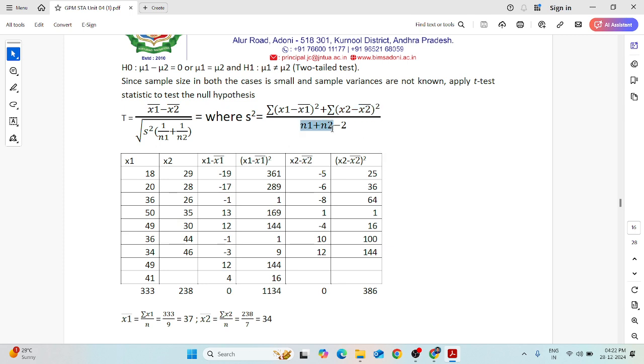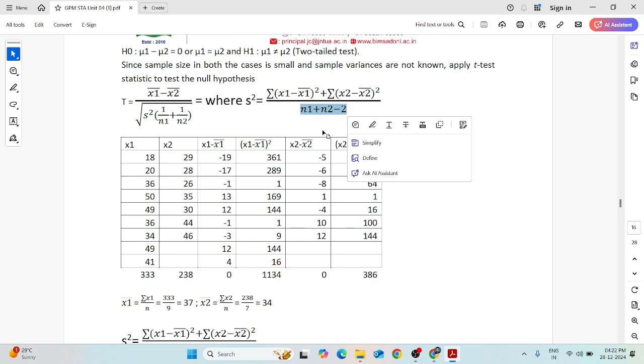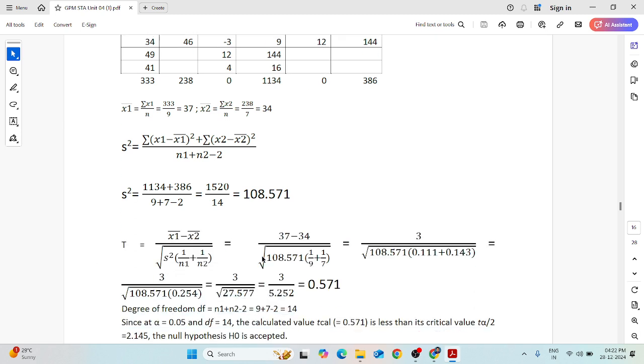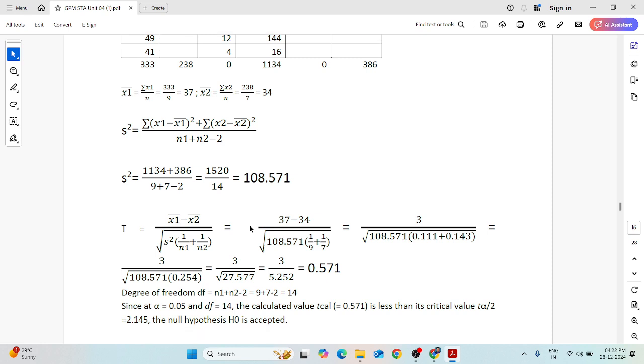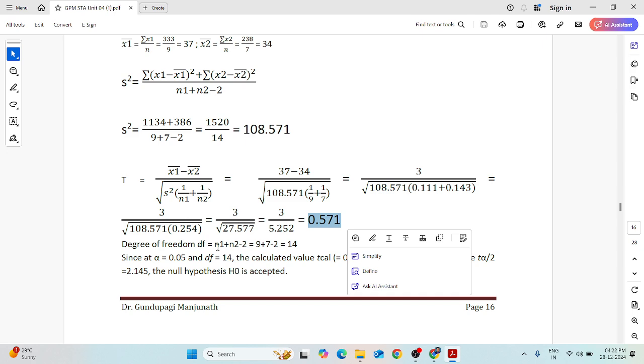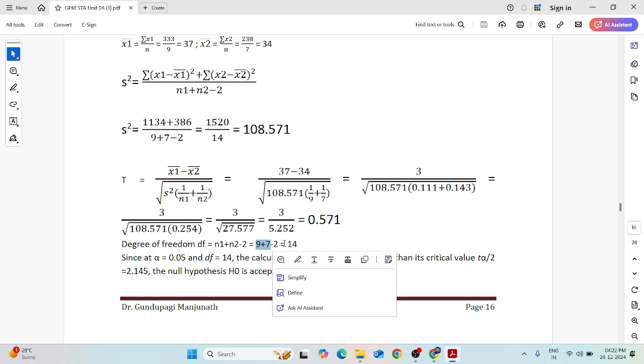So degree of freedom is n1 plus n2 minus 2. Substituting all the values we have calculated in the formula for the t statistic, we have 0.571, and degree of freedom: n1 is 9, n2 is 7, minus 2, so 14.